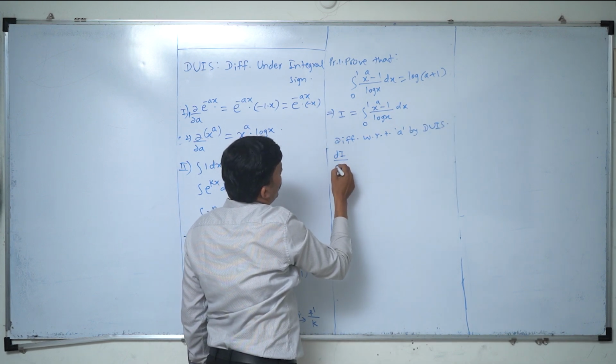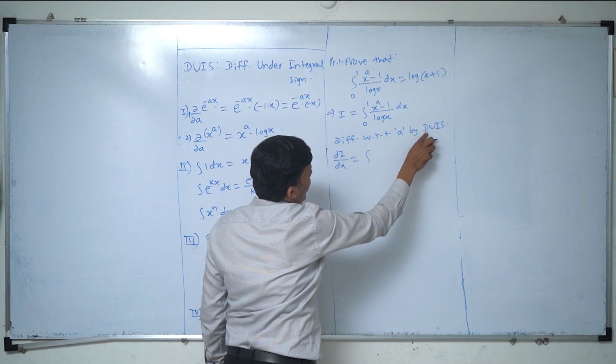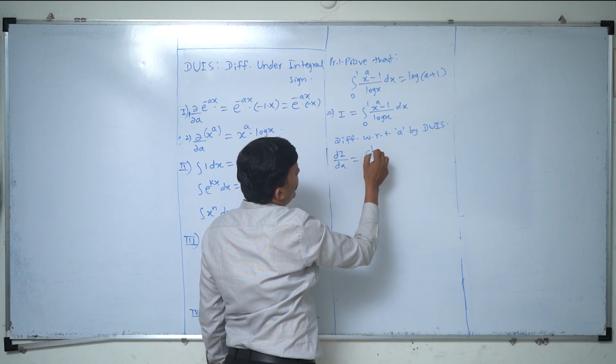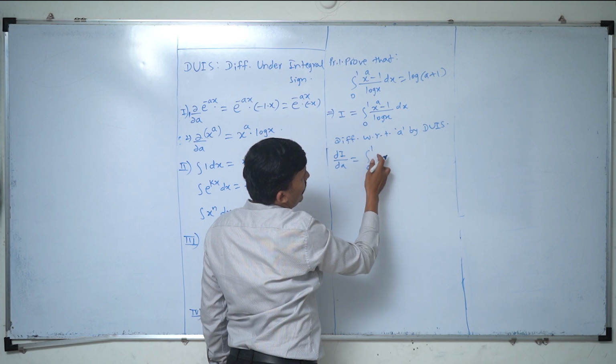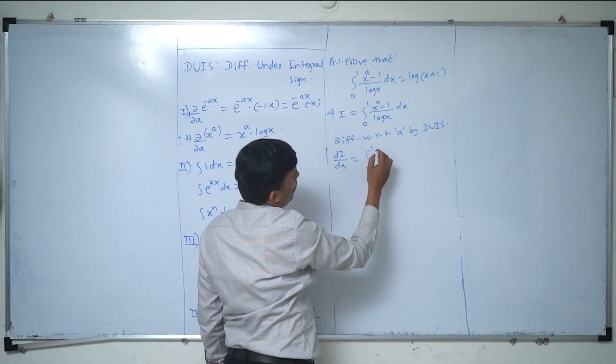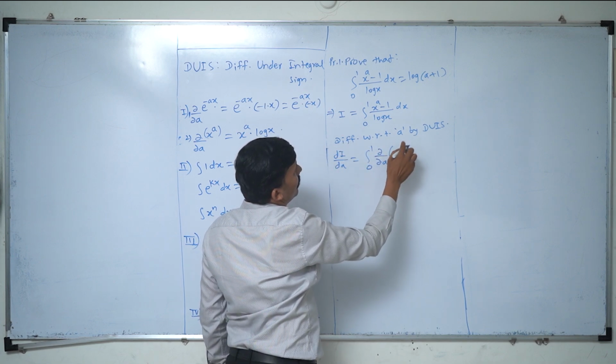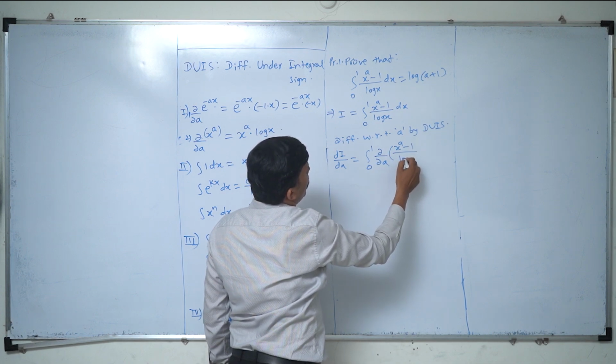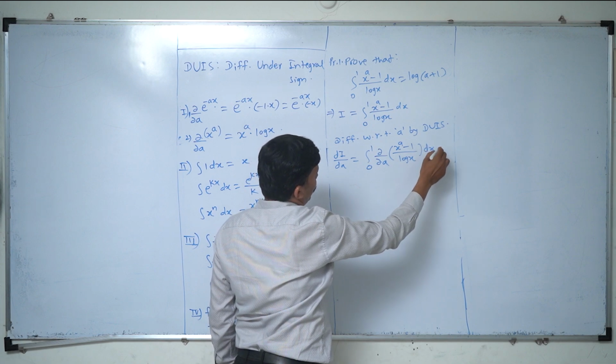So dI by dA, DUIS means that derivative becomes partial derivative. If you write that derivative inside the integral, then d by dA becomes ∂/∂a. This is the DUIS rule. So ∂/∂a of (x raised to a minus 1) upon log x, dx.